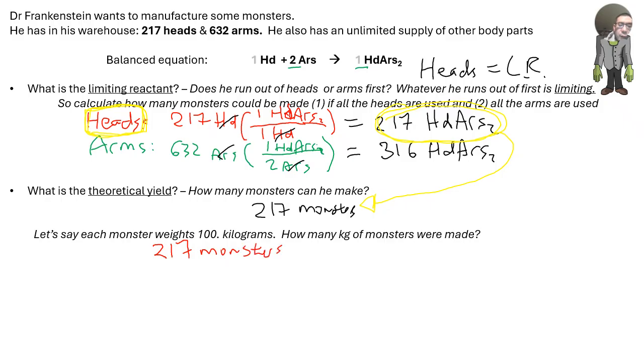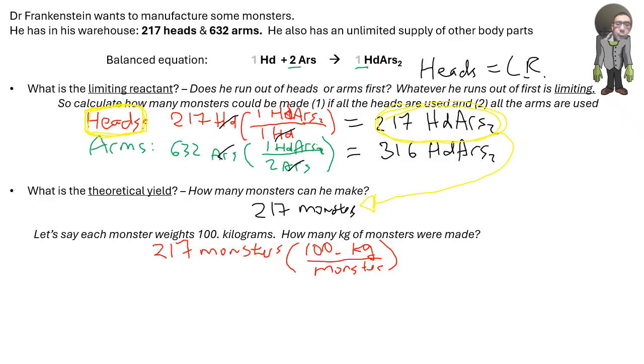and each monster has a monstrosmolecular weight of 100 kilograms per monster, and then we multiply just like we do on that map, right? To get from moles to grams, we multiply by the molar mass, grams per mole.